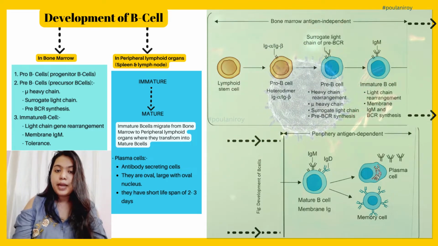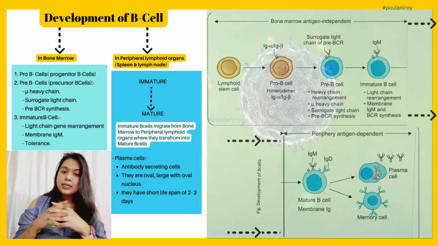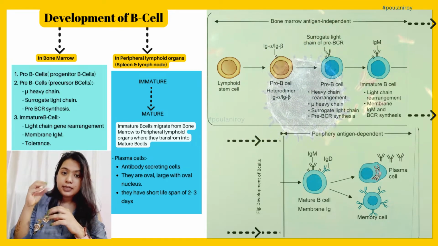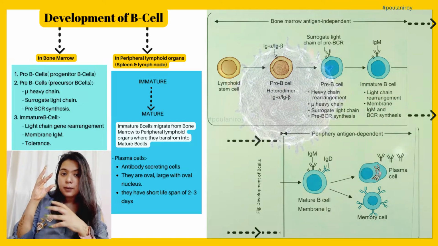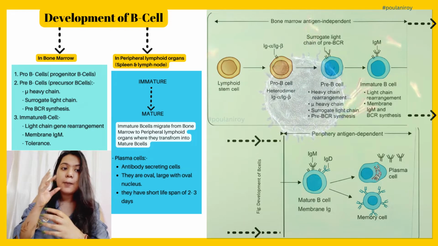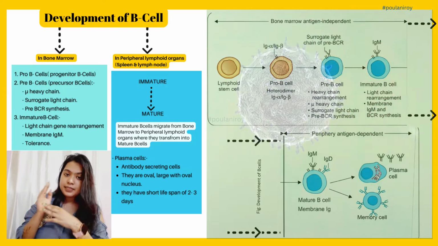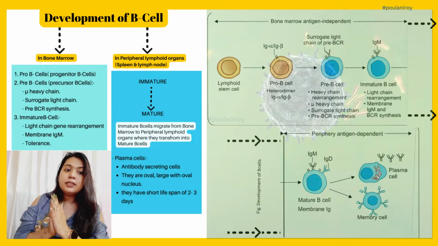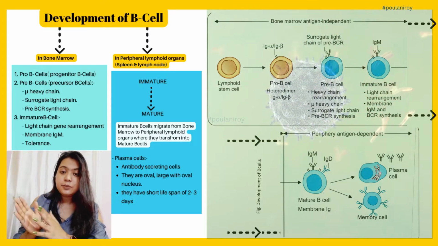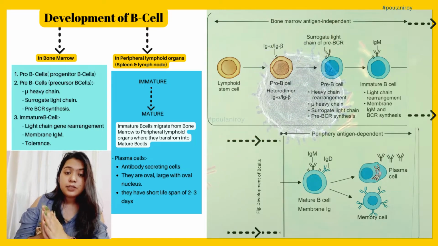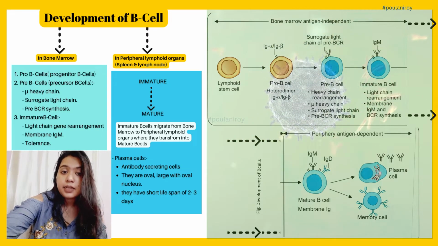Now this immature B cell, from your pre-BCR, the pre B cell receptor, proliferates and converts into an immature B cell. Now in this immature B cell, again there is light chain gene rearrangement, then membrane IgM, then tolerance; all these characteristics will be seen again.